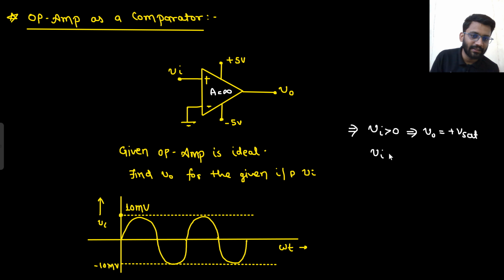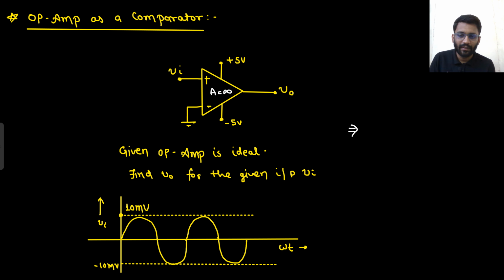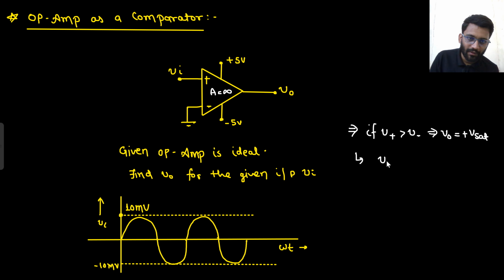And if Vin is less than 0, why 0? Because this node is 0. So for better understanding, I should write, if V positive is greater than V negative, then what happens? Your output is plus Vsat. So what do you get from here? V positive is Vin, V negative is 0, then your output will be plus Vsat, right?